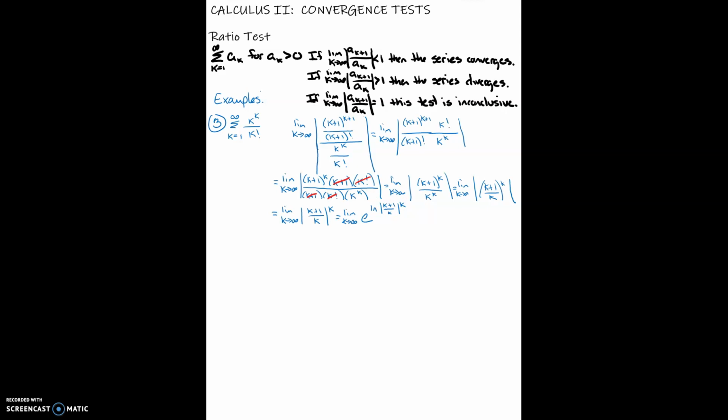What good does that do? Well, k on the exponent of a logarithm can be moved to the coefficient position. So that gives me the limit as k goes to infinity of e to the k times the natural log of the absolute value k plus 1 over k.